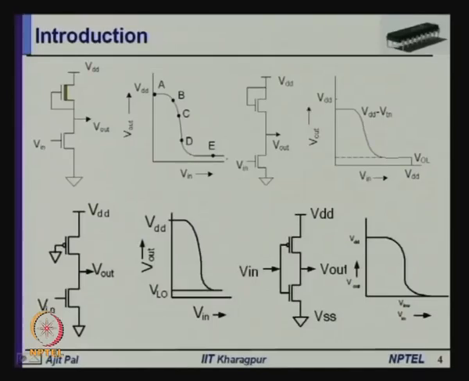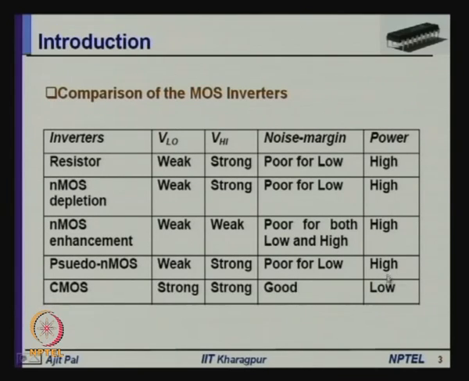Of course, as we have seen in case of CMOS, there is power dissipation when the input changes from low to high, or from high to low, during the transition. So, that part will be there, but that will be dependent on how quickly the transitions occur. Later on we shall discuss it in more detail, but as such there is no static power dissipation in CMOS except during transition. And as a consequence we find that the power dissipation in CMOS is low.